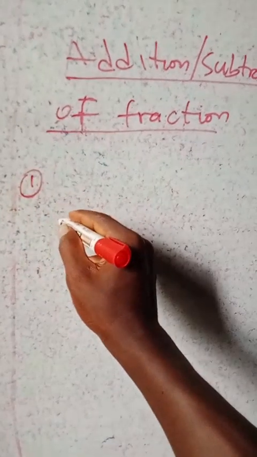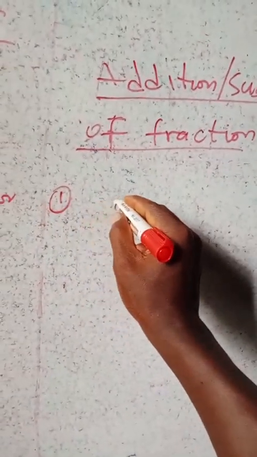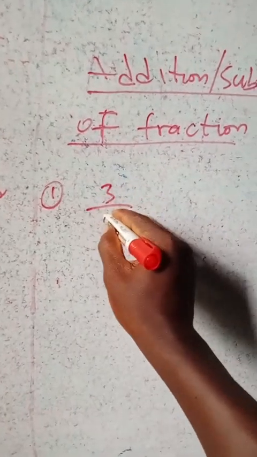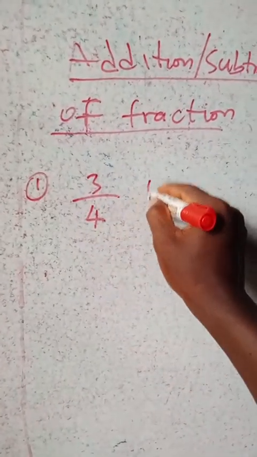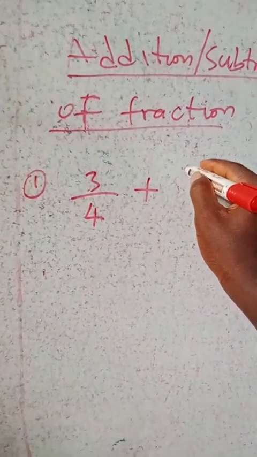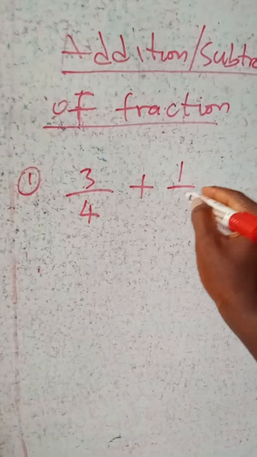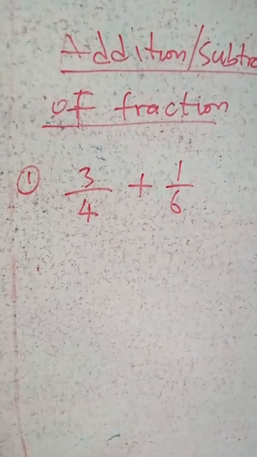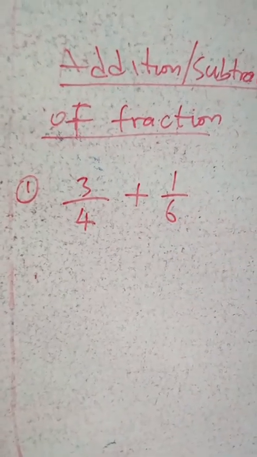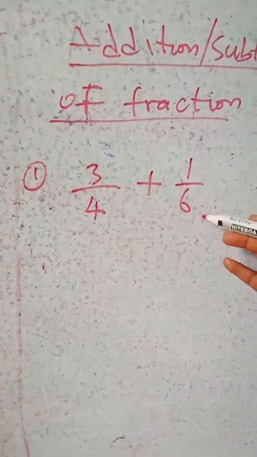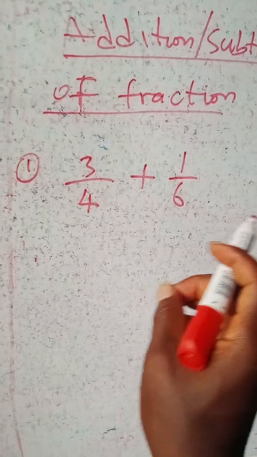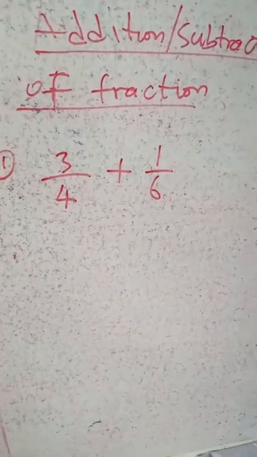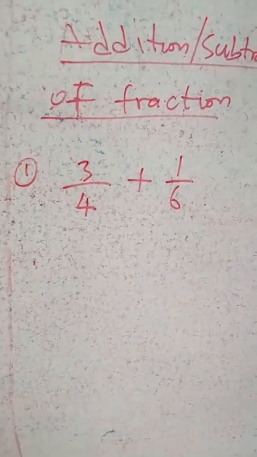For instance, if you have 3 over 4 plus 1 over 6, all right, this is a fraction, this is a fraction too. We are adding two fractions together. So how do you add fractions?